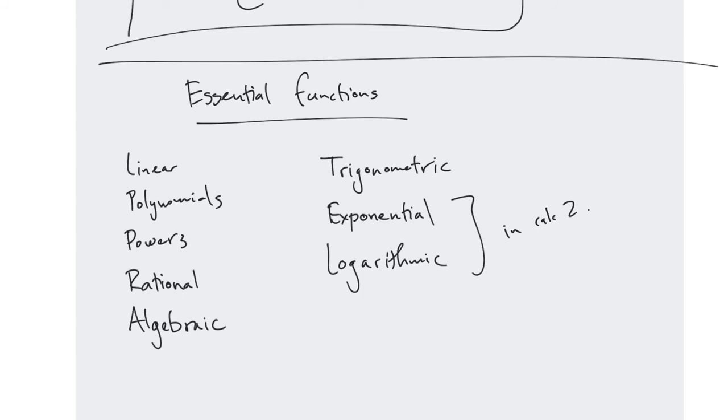Which, by the way, sorry, I meant to say this at the beginning. Some people ask me about textbooks. So the textbook for this semester is the same as the one that we use in Calc 2. I checked. It is also the same as the one that we use in Calc 3. I've never taught the Calc 3 here. So if you are a math major, or otherwise if you know that you're going to take 1, 2, and 3, then you might as well get the book for the long haul.